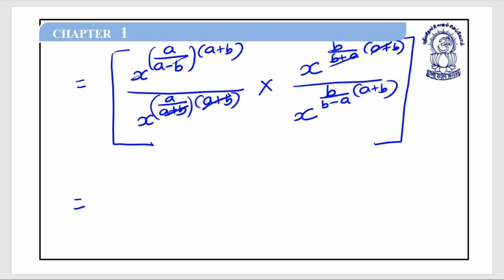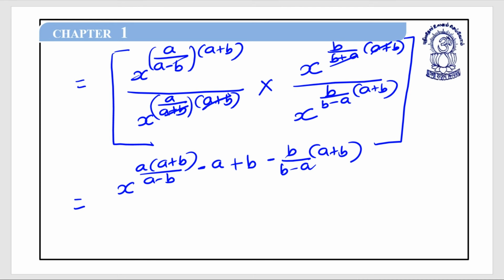So here x raised to a plus b upon a minus b, here x raised to a, so we can take minus a into x raised to b, again base same, plus b, or here minus b upon b minus a plus b.